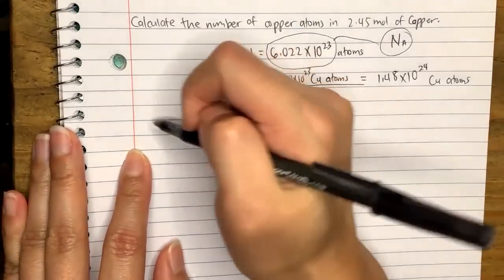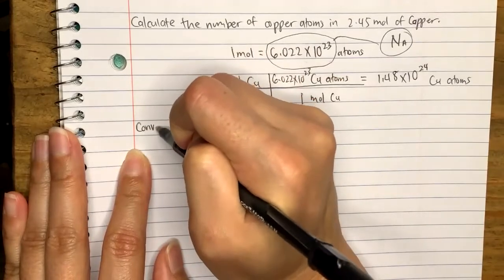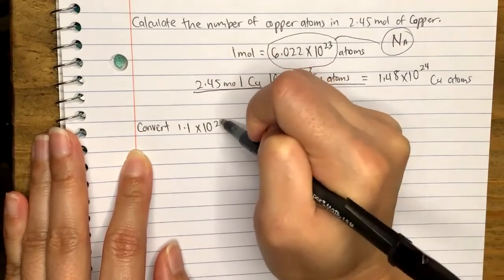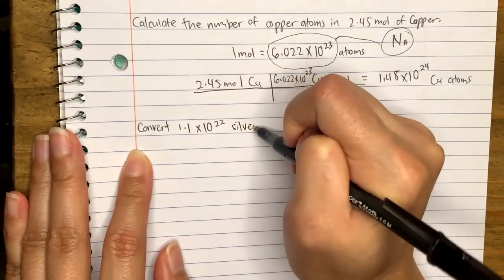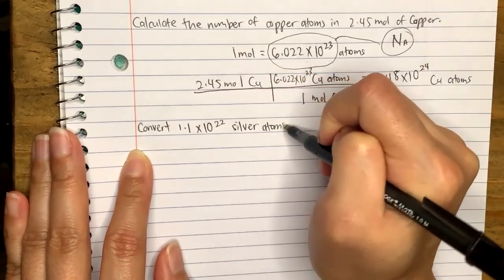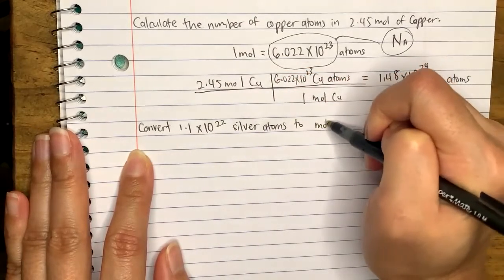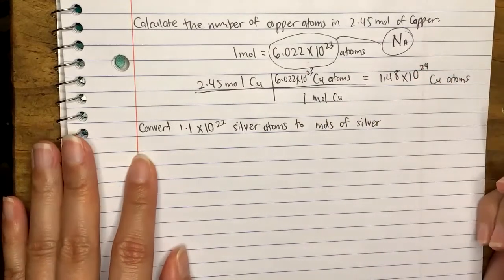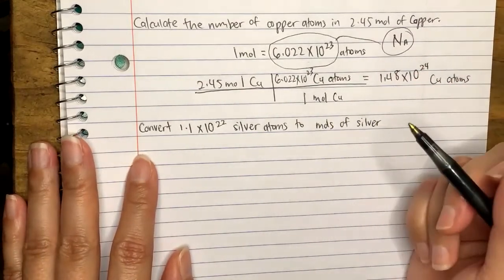The next one is convert 1.1 times 10 to the power 22 silver atoms to moles of silver. So the formula for silver is Ag.